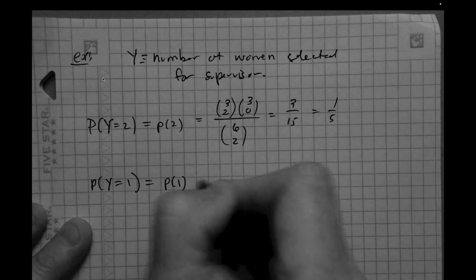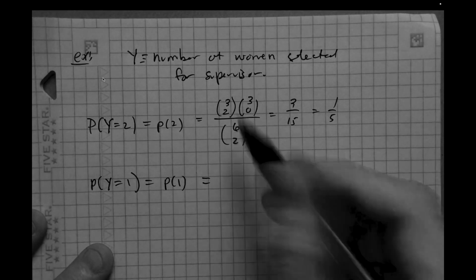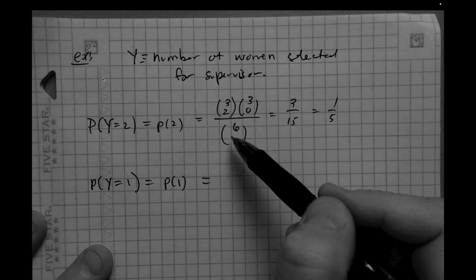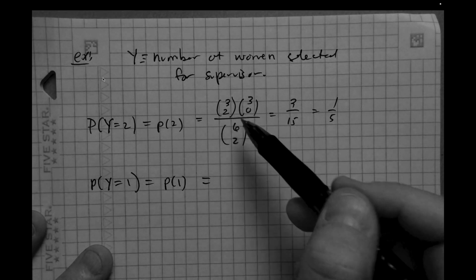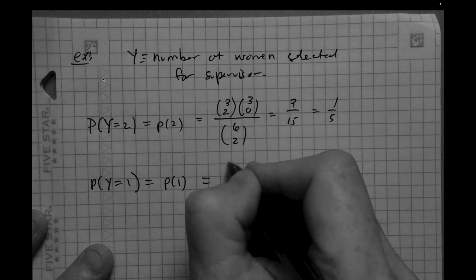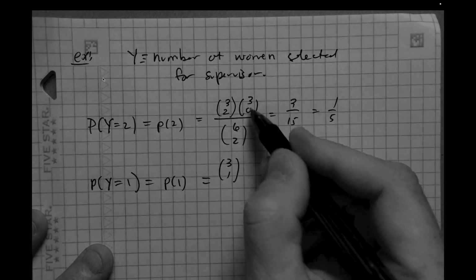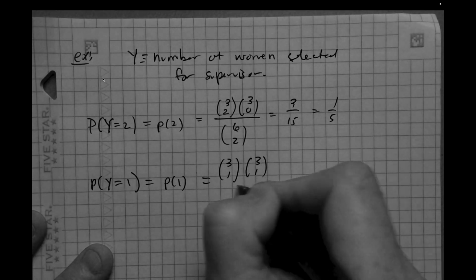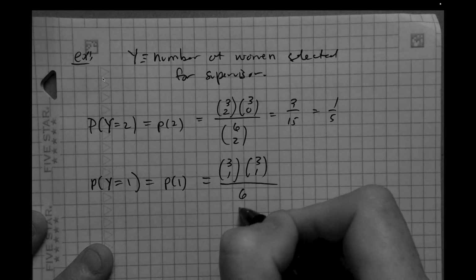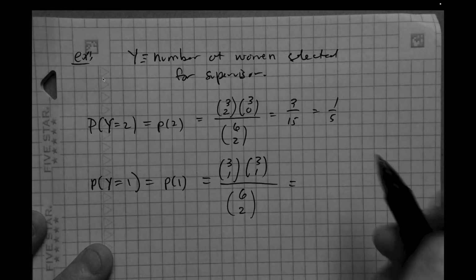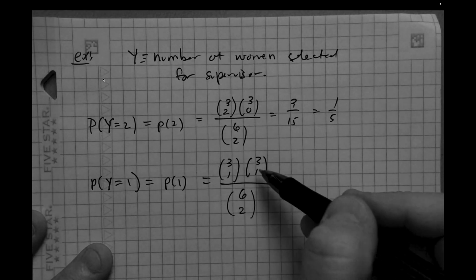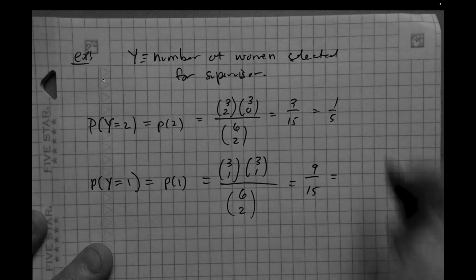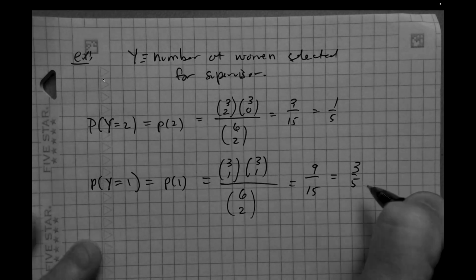Think about how these choose pieces were selected. Instead of 3 choose 2, we want 3 choose 1. And instead of 0 men, we're going to have 1 man, so this will be 3 choose 1 also. The bottom is still 6 choose 2. So this would be 3 times 3, and so you get 9 out of 15, which is 3/5.